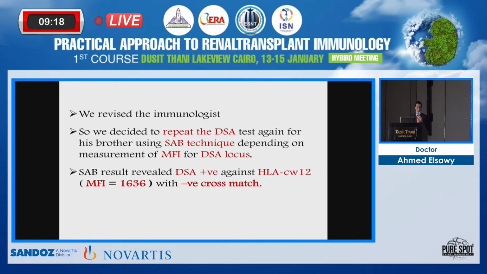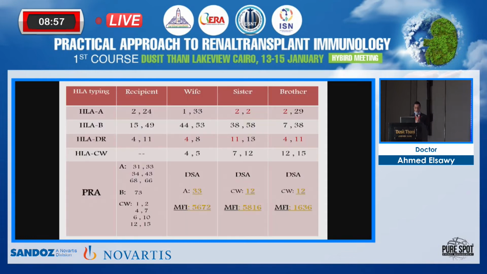We revised the immunology, so we decided to repeat the DSA test again for his brother using the single antigen bead technique, depending on measurement of MFI for the DSA locus. MFI was 1,600, non-significant, with a negative cross match. This is the summary for his donors.